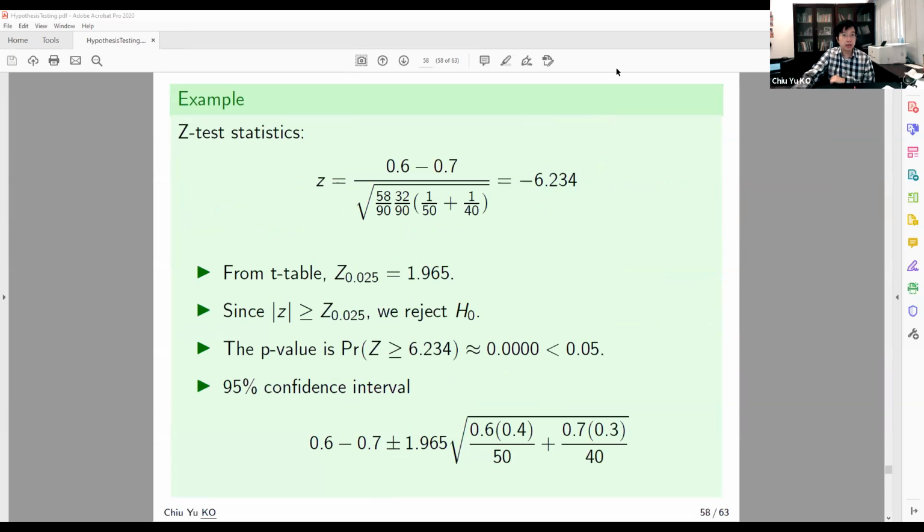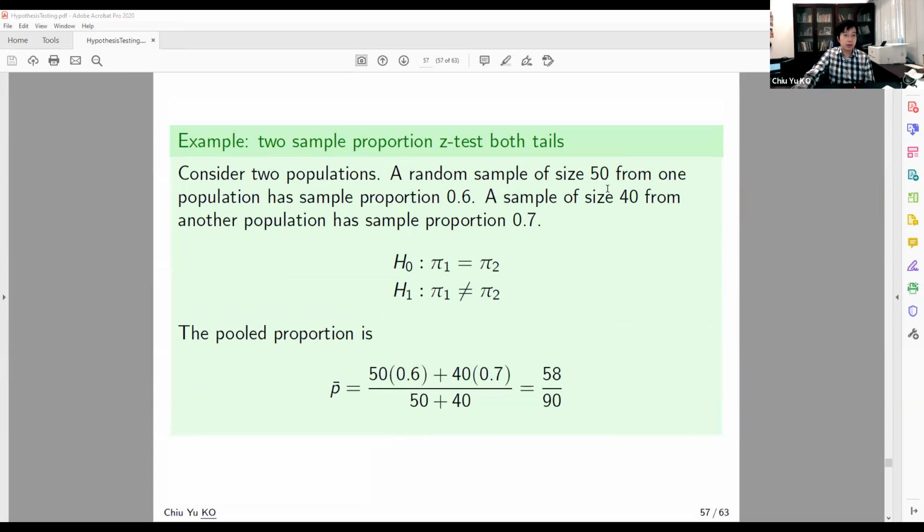Here we just apply the formula. But before we do it, let's draw again what we are working on. We use the same standard graph. We're looking at p1 minus p2, and under the null they're the same.